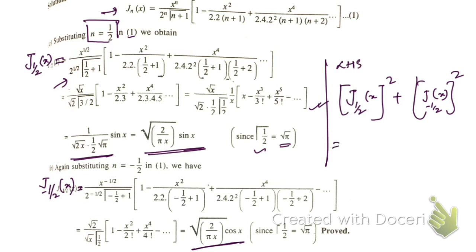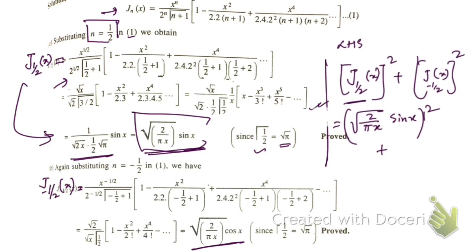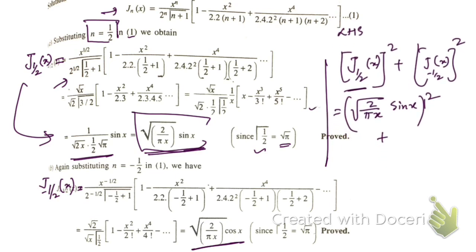Now let's put in its results. J half of x is root over 2 by pi x sine x, and as there is a whole square, let me give a square here. Then plus, J minus half of x is root over 2 by pi x cos x.